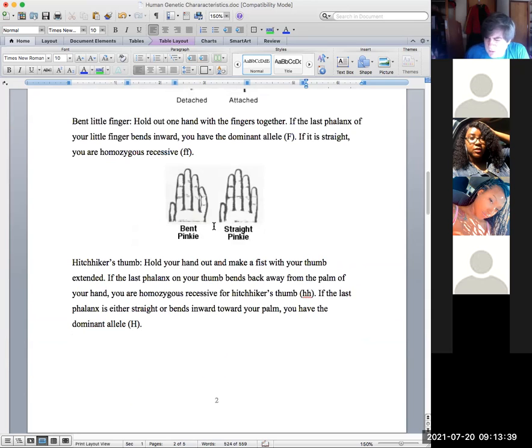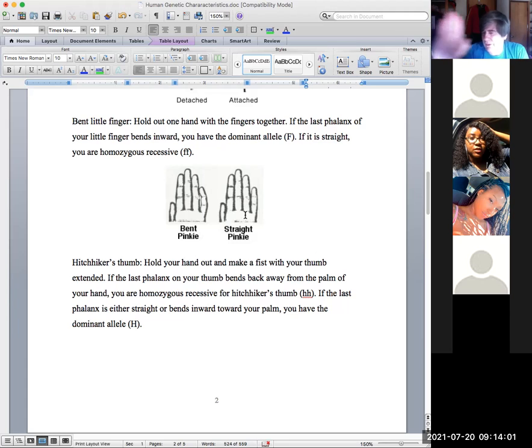Okay, the next characteristic is whether you have a bent little finger or a straight little finger. If you have a bent little finger, you want to look at that last joint on the little finger. It's called a phalanx. You want to look at that phalanx and see if it bends in towards the other fingers.